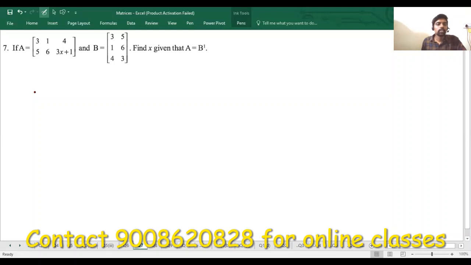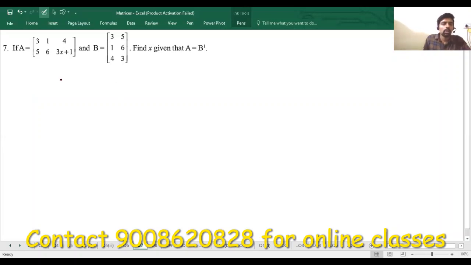A equals [3, 1, 4; 5, 6, 3x plus 1] and B equals [3, 5; 1, 6; 4, 3]. Find x given that A equals B transpose.